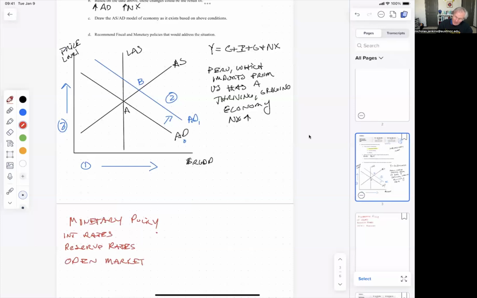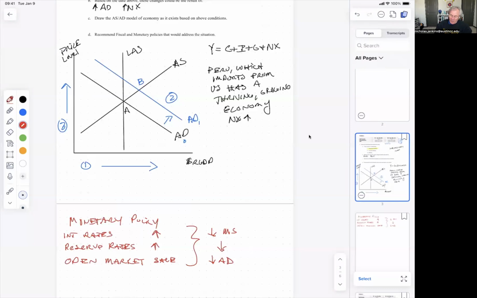In this case, we want to decrease aggregate demand, shrink the economy slightly, and get it back to equilibrium at point A. So we are going to raise interest rates, raise the reserve rate, and do an open market sale. All of these things will decrease the money supply, which will have the result of decreasing aggregate demand.